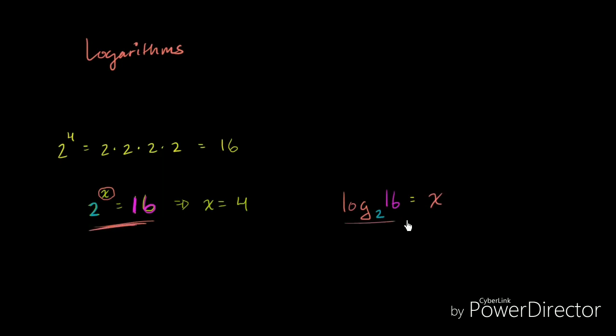This and this are equivalent statements. This is saying that take 2 to some power and I get 16, and this is saying what power do I need to raise 2 to get 16, and that is x is equal to 4.